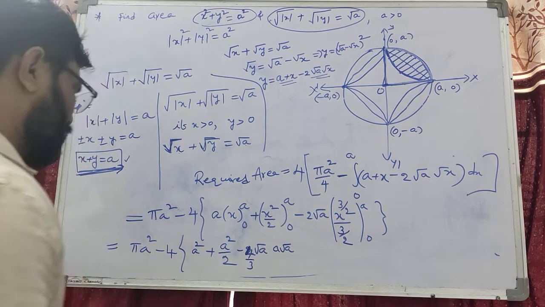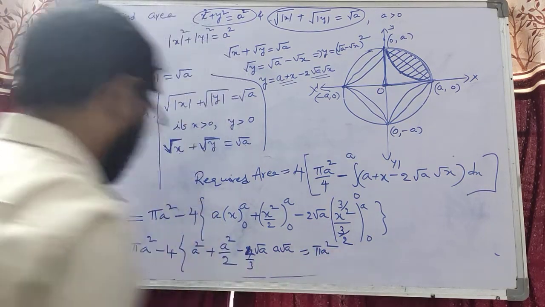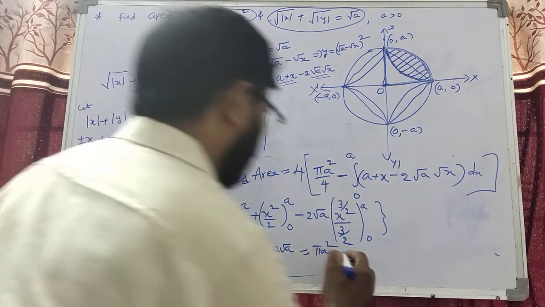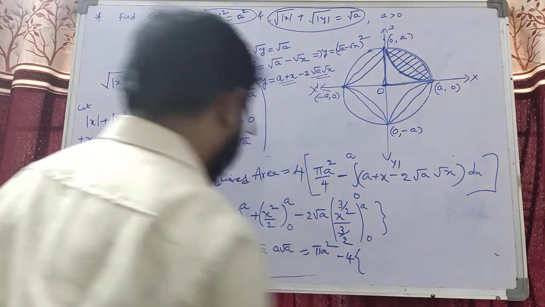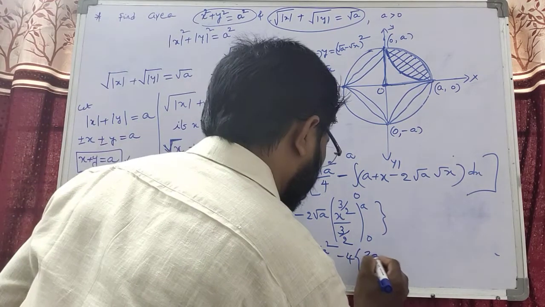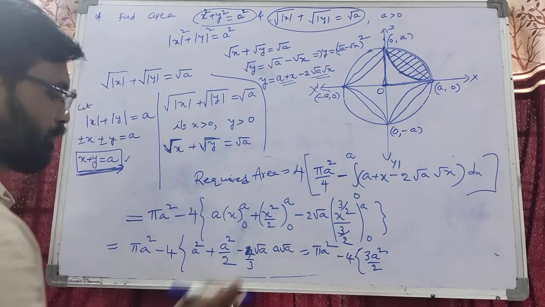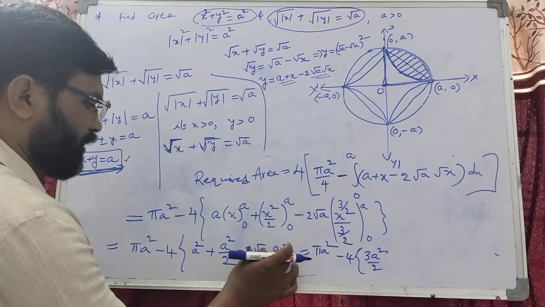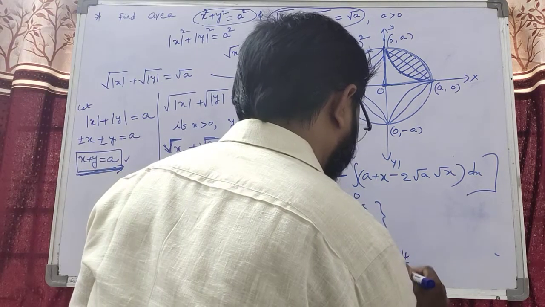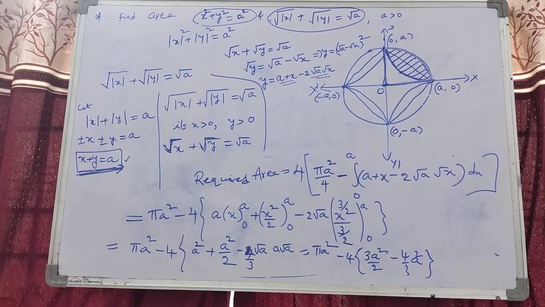Therefore, students, we can write pi a square minus 4 into, a square minus a square by 2, which is a square by 2. Now root a into root a is a square, minus 4 by 3 a square.